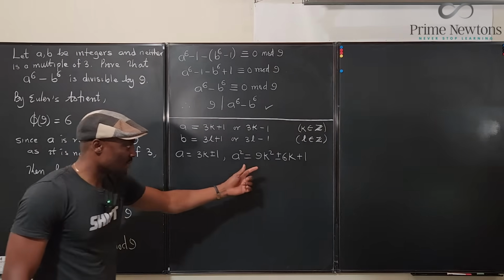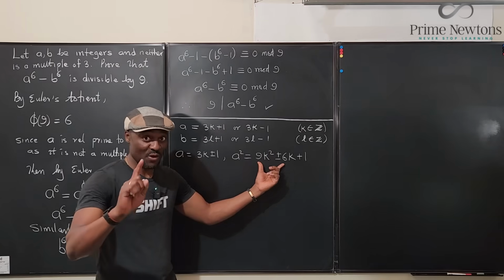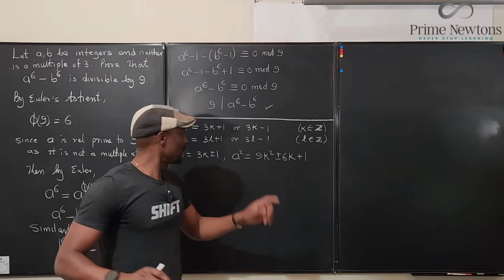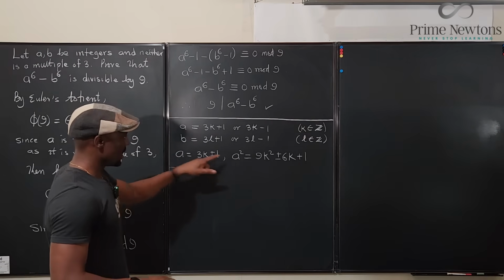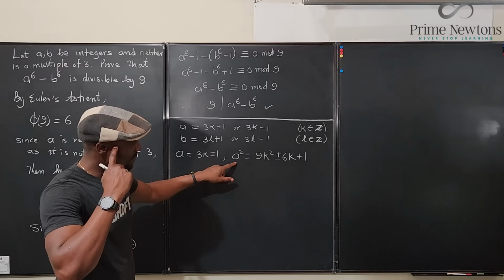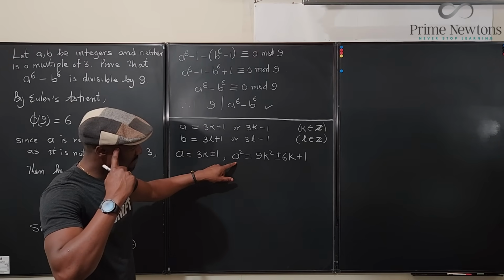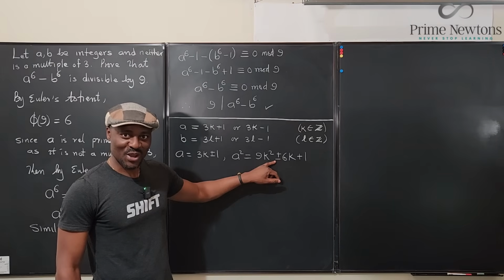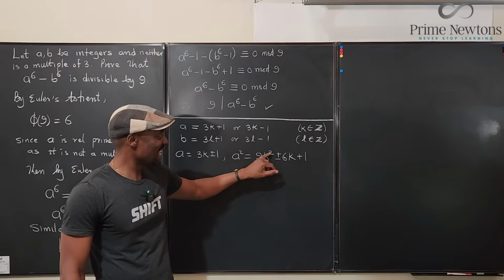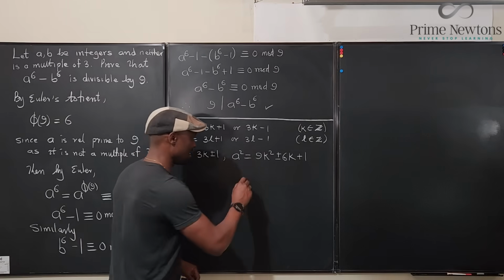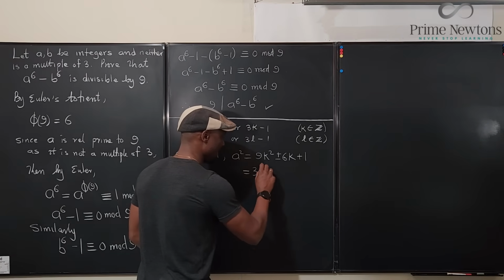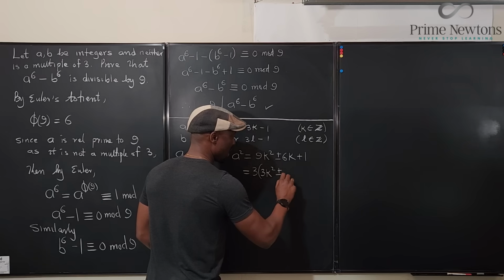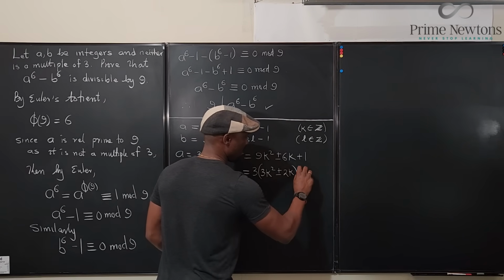And a short form of this is, because our aim is to get something that's a multiple of 9, and we're still going to raise this to more powers, right? So what we should do is rewrite this. Okay, so I'm going to rewrite this and say that 9k squared plus or minus 6k plus 1 is the same thing as 3 times 3k squared plus or minus 2k, plus 1.